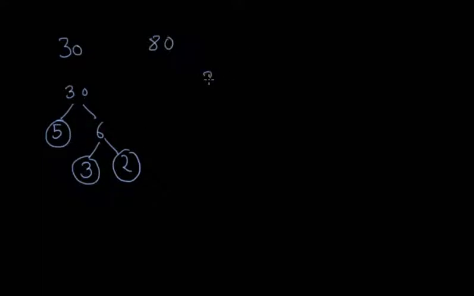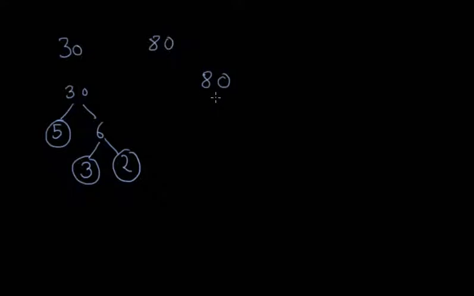So let's look at 30 first. 30 is in the 5 times table, so 5 times 6 is 30. 5 is a prime number. 6 is 3 times 2, both of which are prime numbers, so the prime factors of 30 are 5, 3 and 2.